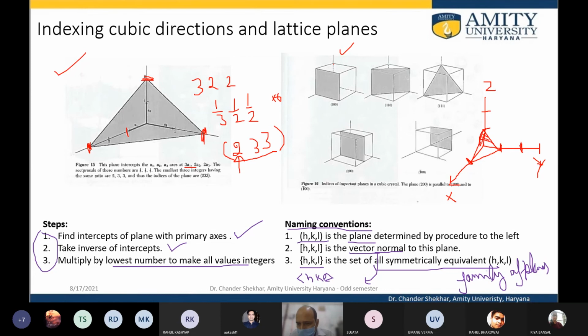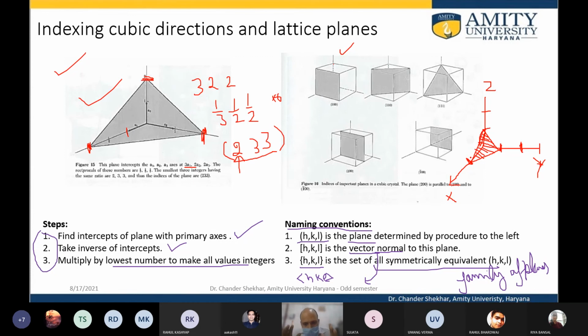So this is the plane, because this plane on this side, as well as the one we have drawn, are parallel to one another. They are from the same family, so they will have similar indices.